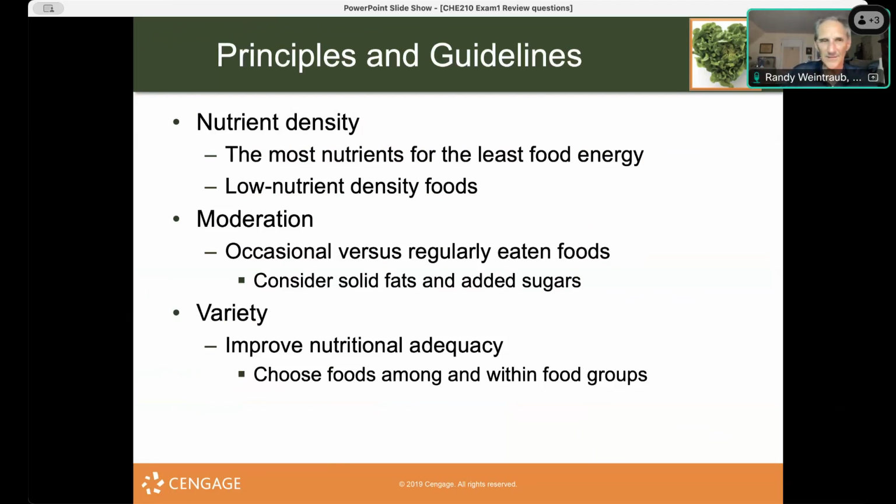Nutrient density, of course, there'll be one or two questions about that. Know that that's relative to the calorie content that we get, and we need that, but also how much of those calories are also packed with the other nutrients like vitamins and minerals and fiber. Moderation, variety. So these are these six principles.